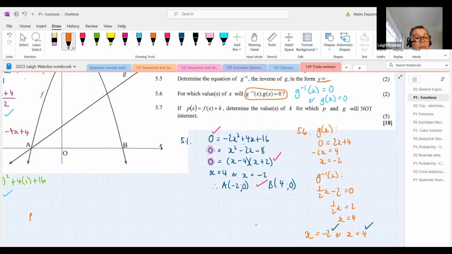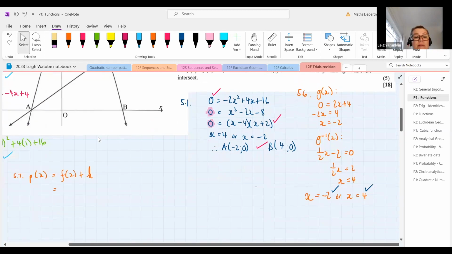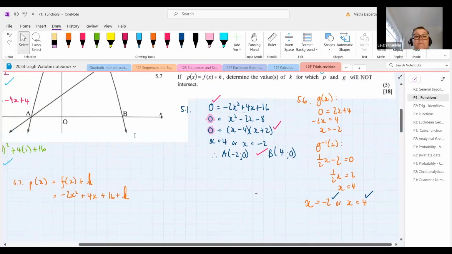So this is question 5.7. P of x is f of x plus k. We know that f of x is minus 2x squared plus 4x plus 16, so I'm going to sub that in: minus 2x squared plus 4x plus 16, and I'm going to bring down my plus k. So there's P of x.